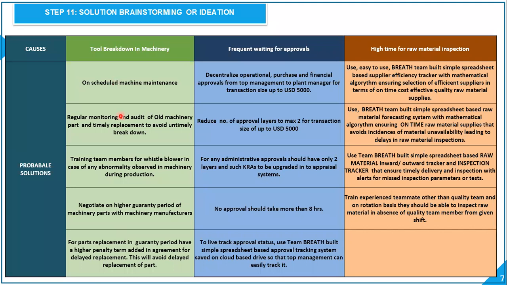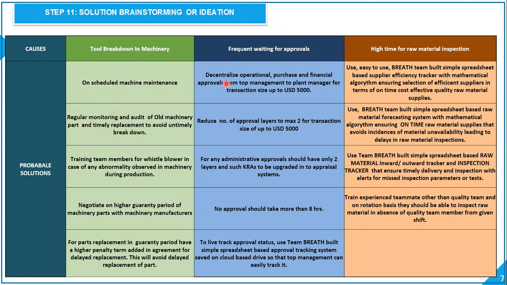This exercise might take an hour or a couple of hours to generate probable or possible solutions. So that's about the solution generation phase, or for that matter, finding out probable solutions, the brainstorming or ideation phase.